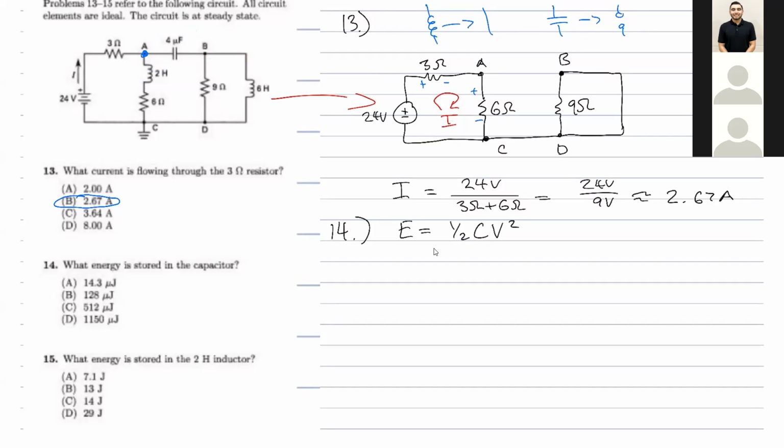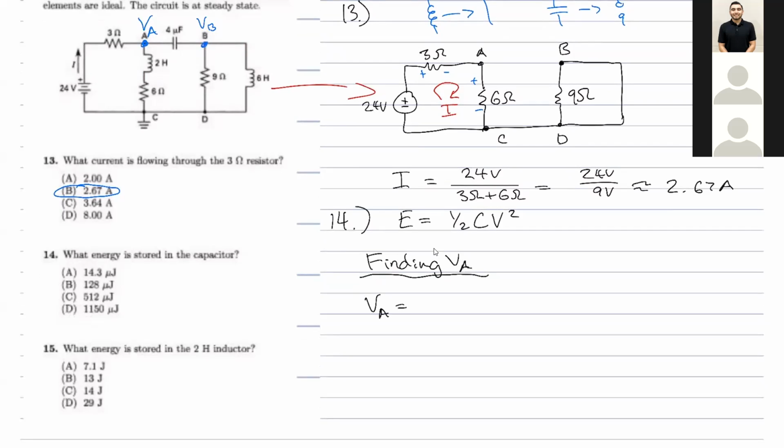So if we get the voltage at VA, oops, I'm sorry, I should say you have to get the voltage across the capacitor, right? So in order to get that, we have to find VA and find VB. So finding VA, okay.